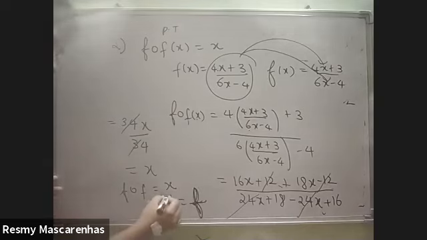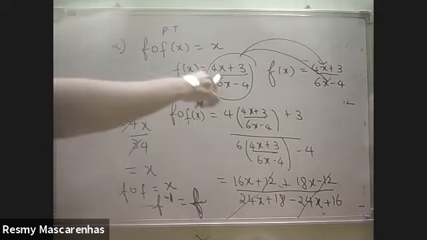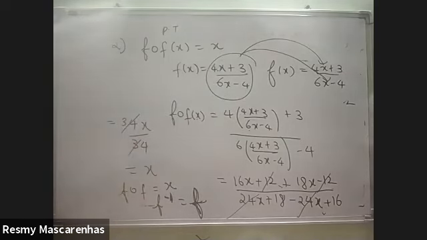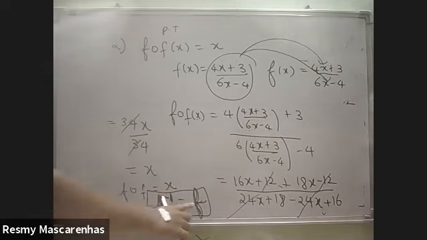So you can write this and keep. It will be the same function. f inverse is f itself, that same function again. 4x plus 3 upon 6x minus 4. So this will be our answer. Whenever you get x by composing the function with itself, you can directly write this. f inverse is nothing but f.